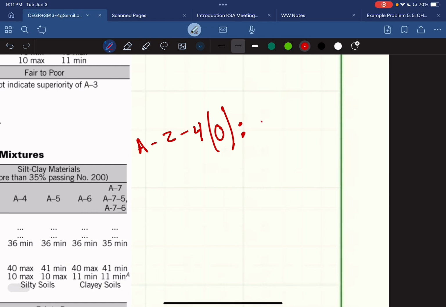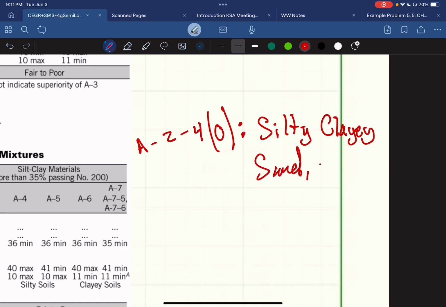We're going to say it's a silty, and then you put a comma saying rated excellent.